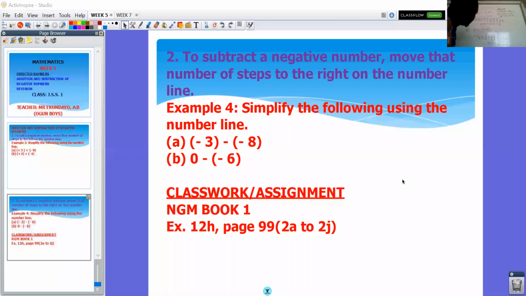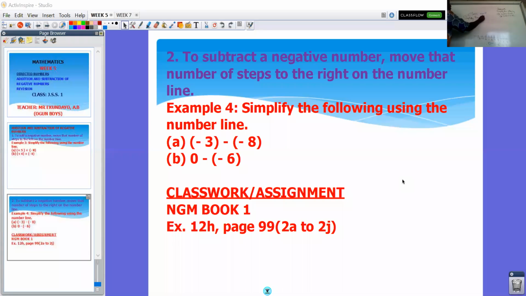It's not clear. Okay. Wait, are you done with the solution? If you are done with the solution, let me rewrite it so I can see very well. Classwork.